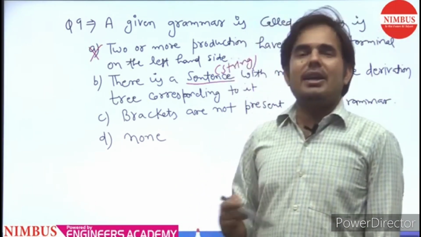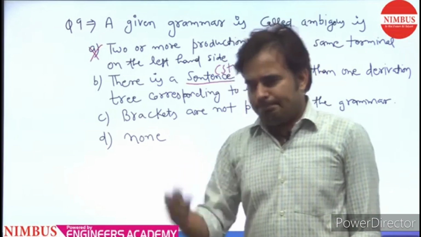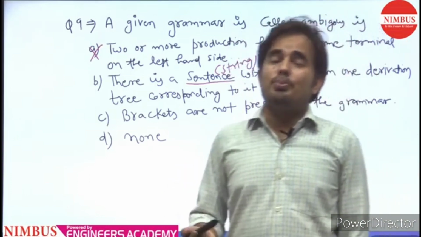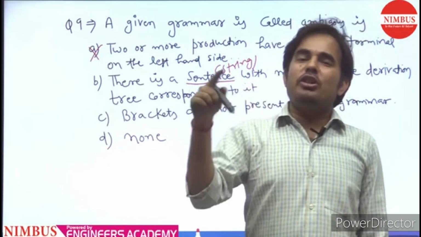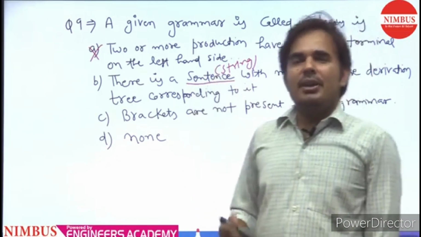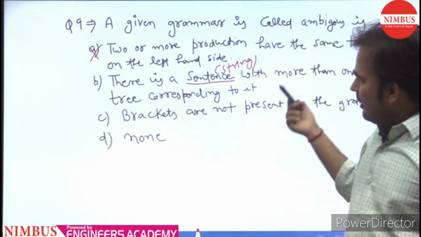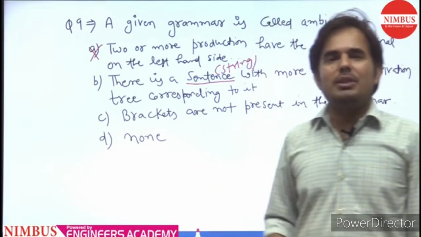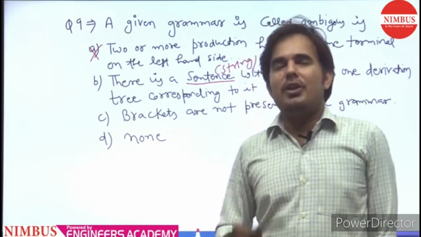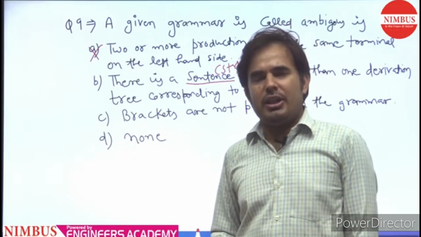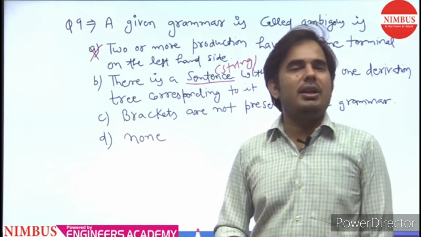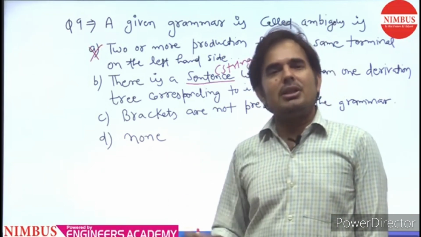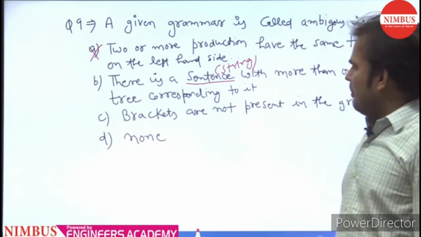So if we are getting two or more parse trees for the same sentence or the same string, then the given grammar is ambiguous, otherwise unambiguous.